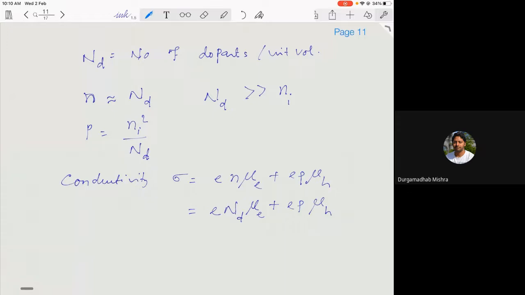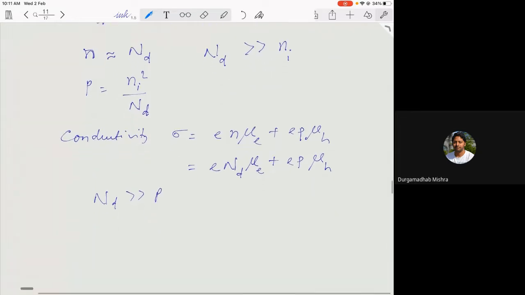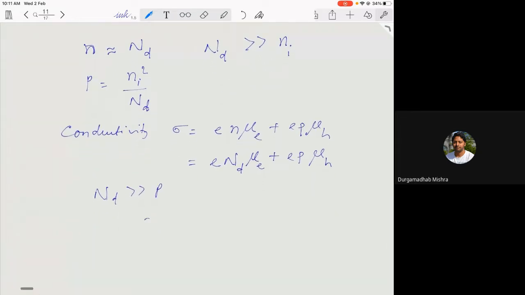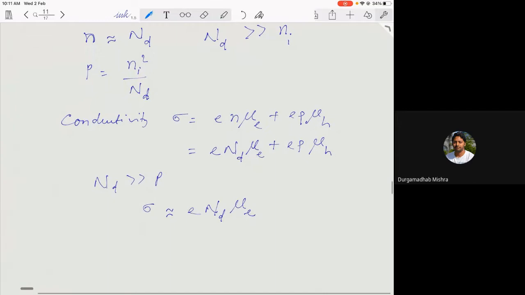And since Nd is much higher than your intrinsic carrier concentration Ni, Nd is much higher than p, the number of holes, and therefore sigma will be dominated by the conductivity of the electrons. So the contribution of holes to the conductivity will be minimum, and the conductivity is mostly determined by the conductivity due to electrons.